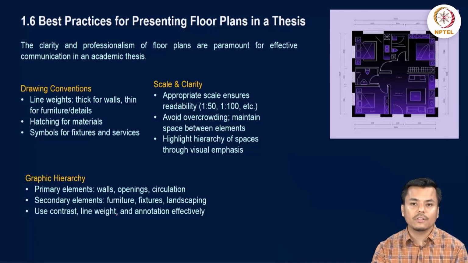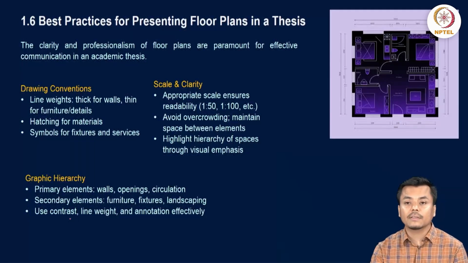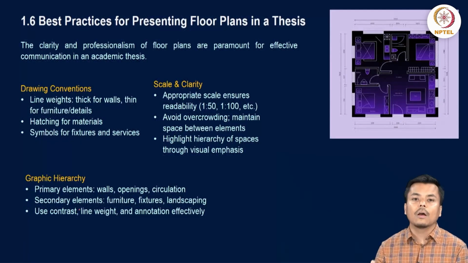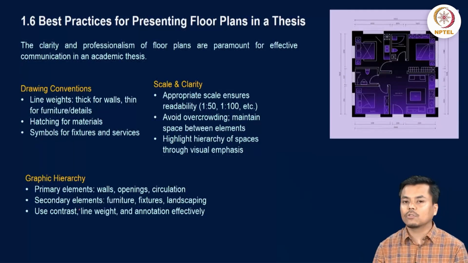So the drawing conventions: line weight represents the thickness of walls, thin lines for furniture detail. These pieces of information are represented through line weights. Hatching is used for material, so that we understand what type of material is used in the construction of walls or other aspects that we highlight through the floor plan.